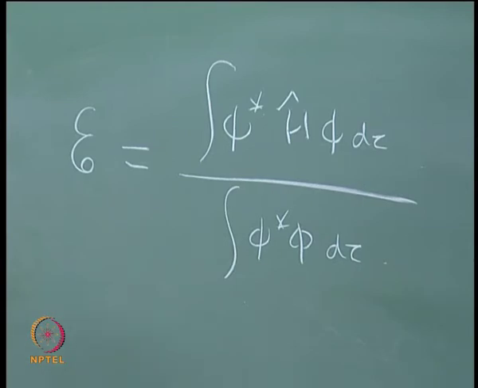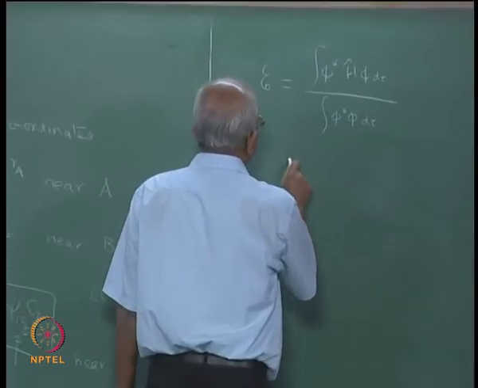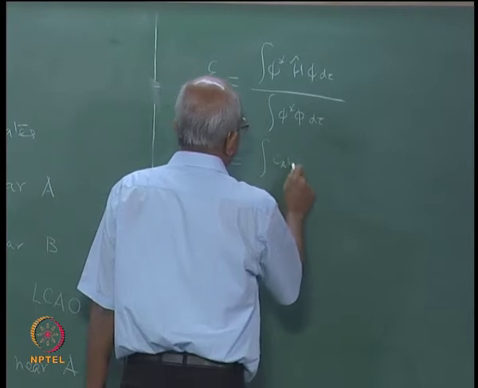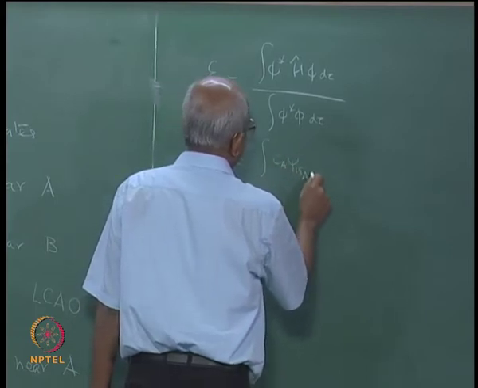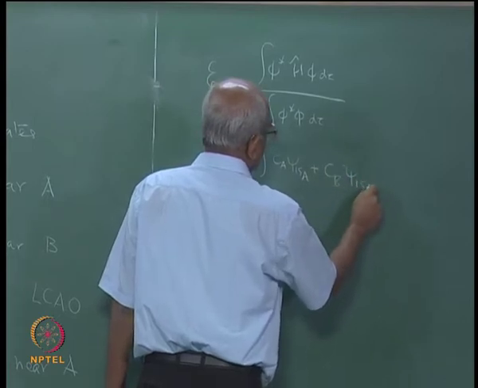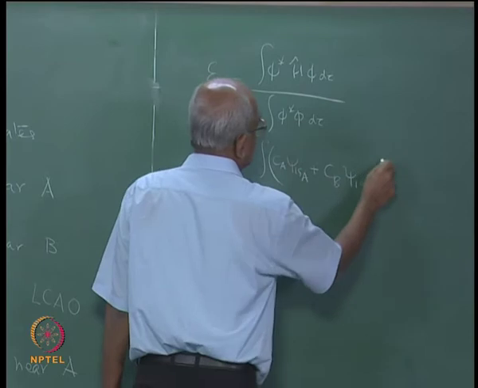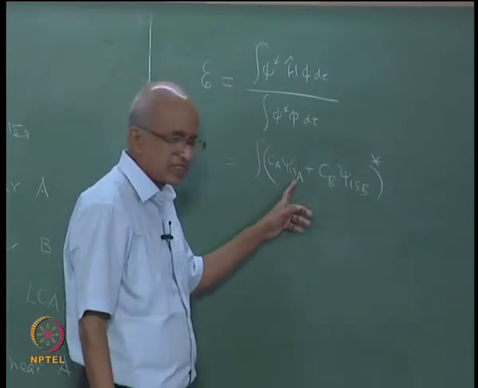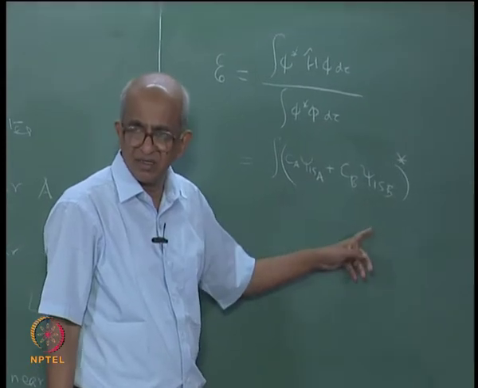So, if you worry about that, this is going to be the integral of Ca psi 1s a plus Cb psi 1s b with a star, but actually this star will not have any effect because the 1s atomic orbital is actually real.